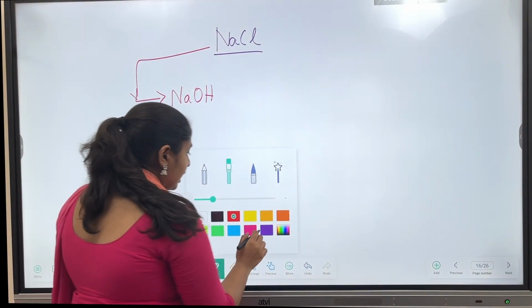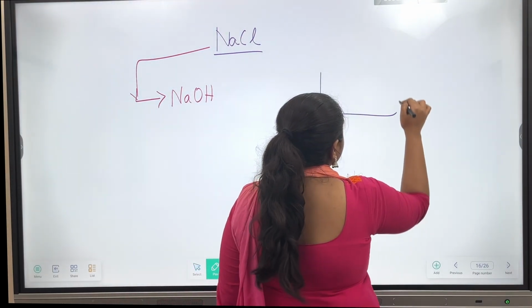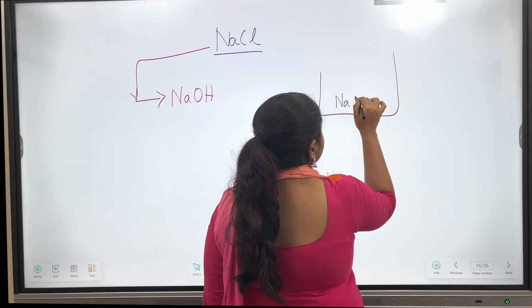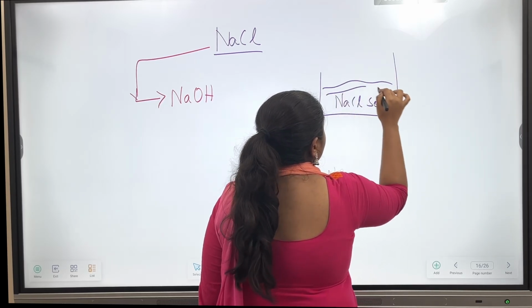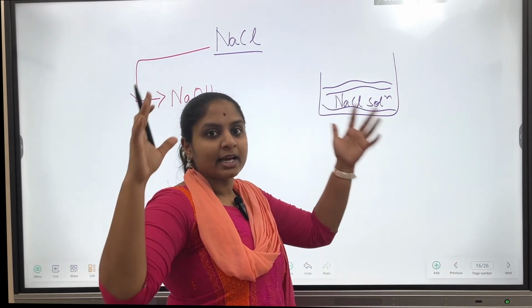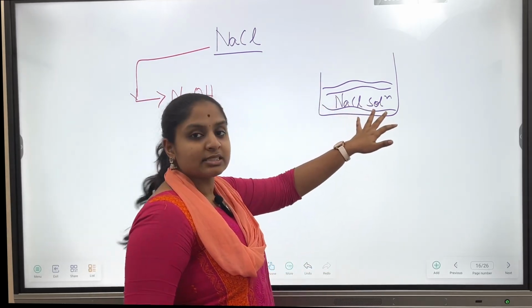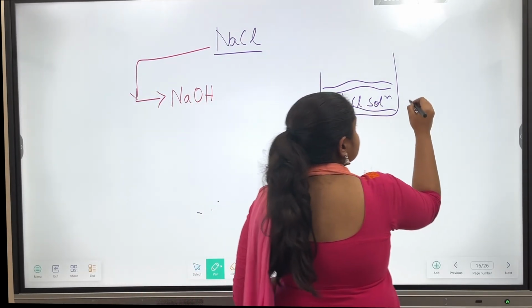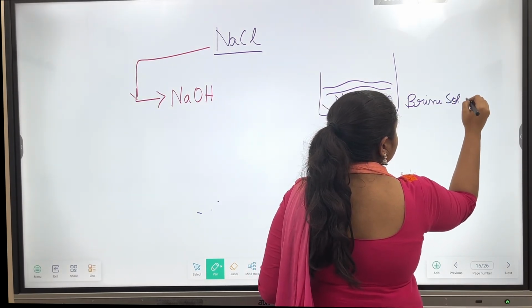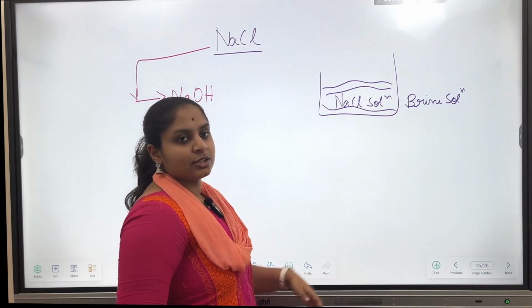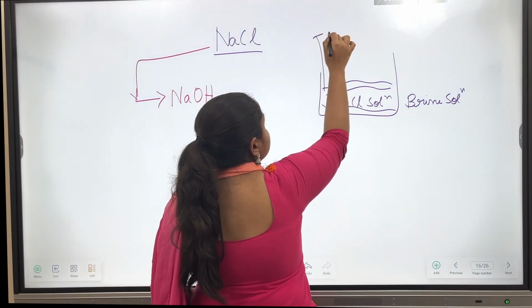So let me take a bath containing NaCl solution. I have one tub, it has NaCl solution. NaCl solution is also known as brine solution. Now, for this solution, I am passing electricity.